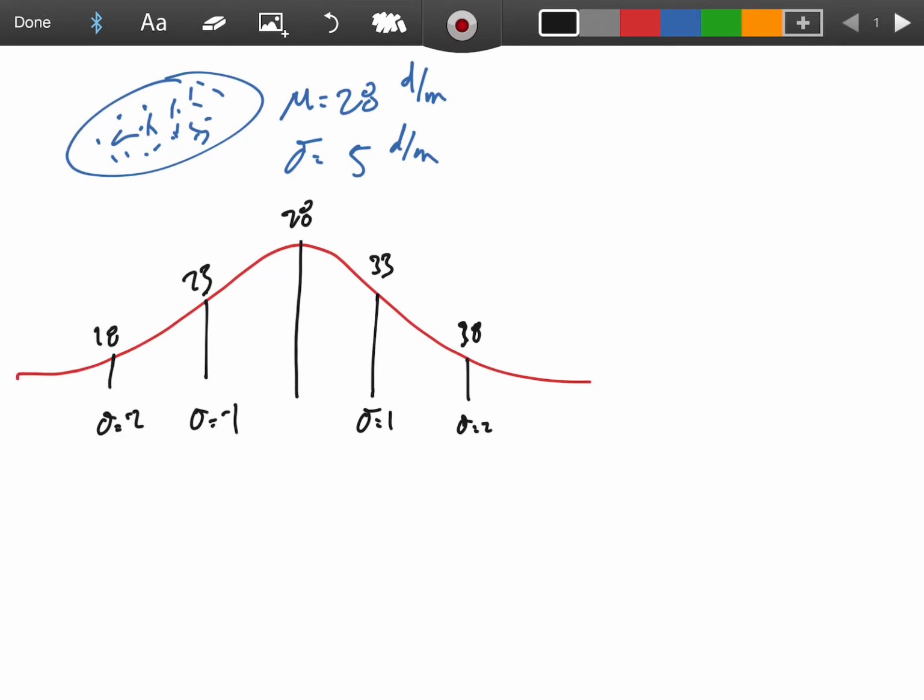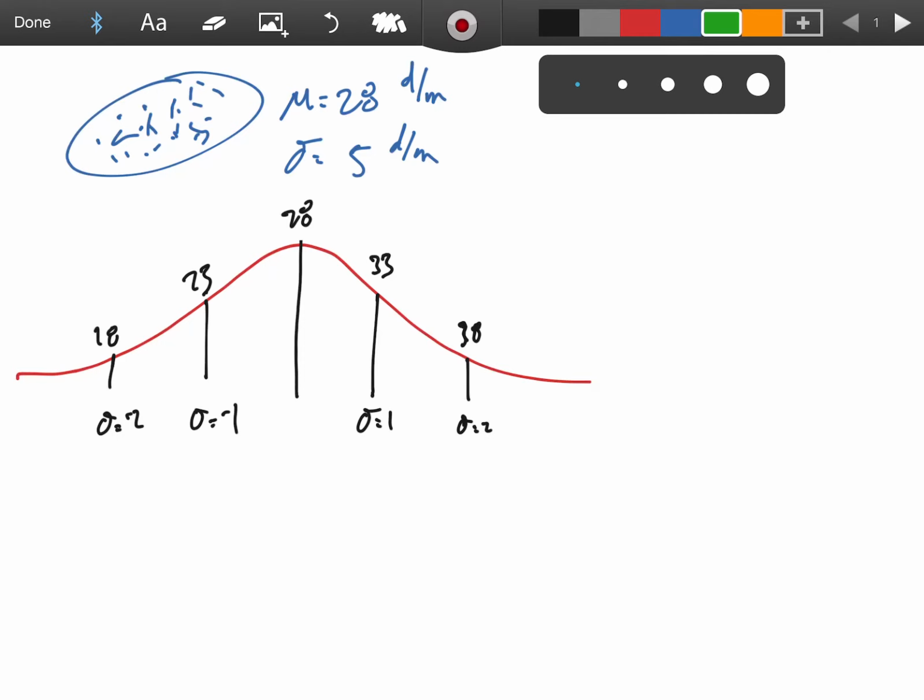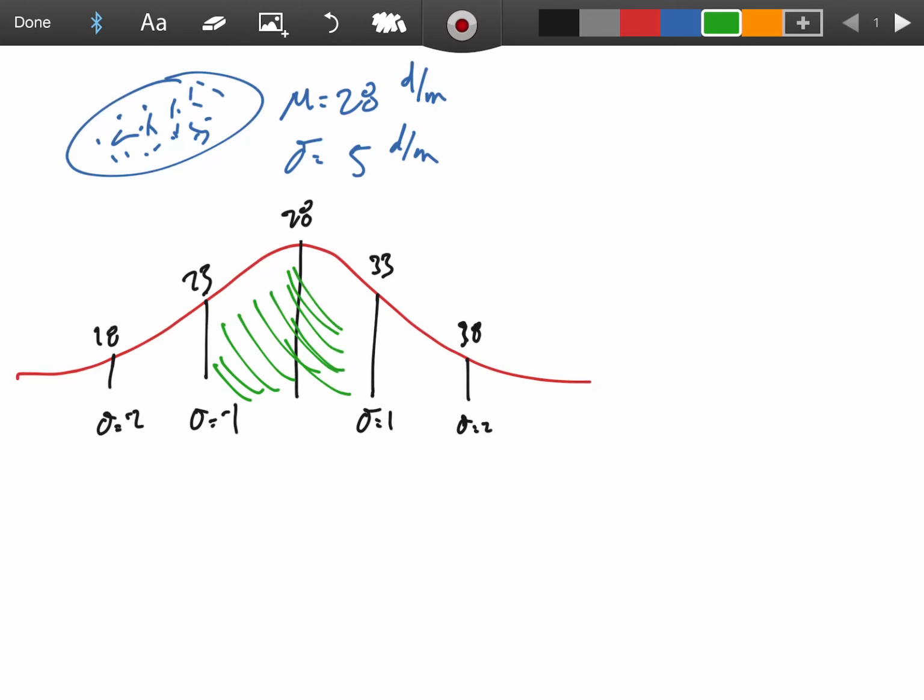Now, one thing that we could do if we wanted to is think about this in terms of the empirical rule. This is normal, so I can use the empirical rule. Between minus 1 and 1 standard deviation, how many folks are in between? Well, the empirical rule tells me that 68% of all my population lives between minus 1 and 1 standard deviations.